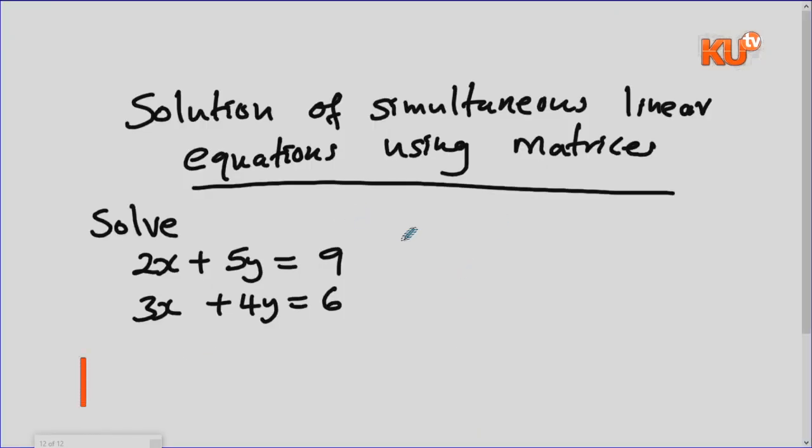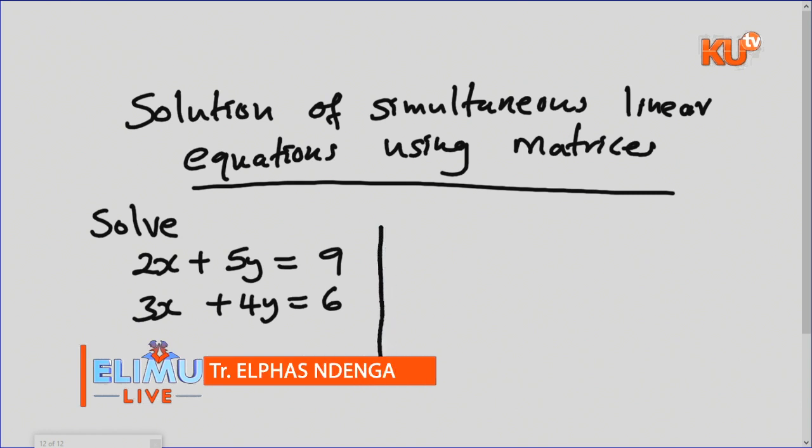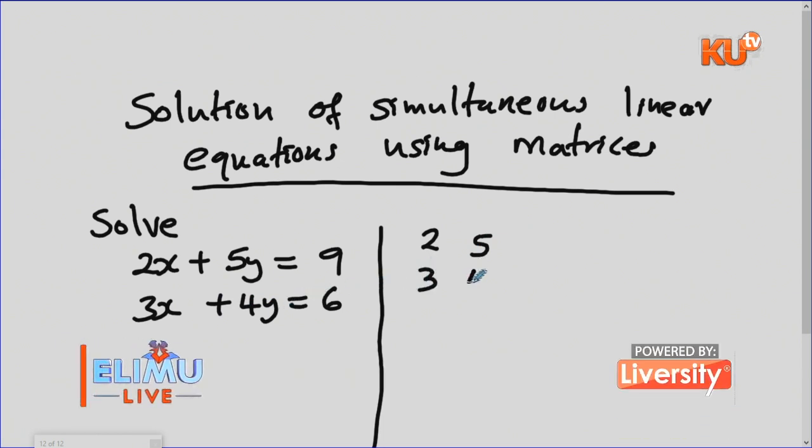So number 1, we obtain our matrix equation. To get the matrix equation, simply segregate the coefficients. This is 2, that is 2, we have 5. Then we have the other side. This is 3, then this is 4.